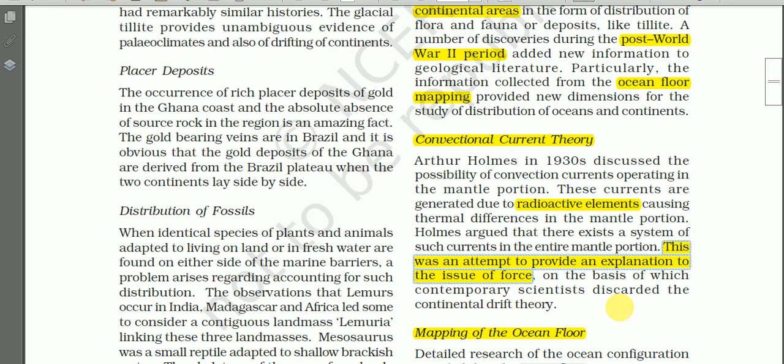So this convectional current theory is an attempt to explain how the continents were drifted in different directions, and this theory is also one of the most widely accepted theories. Now let us learn about it.